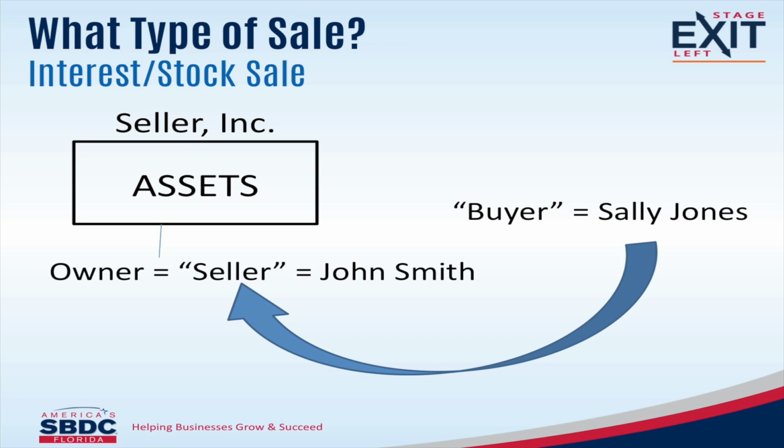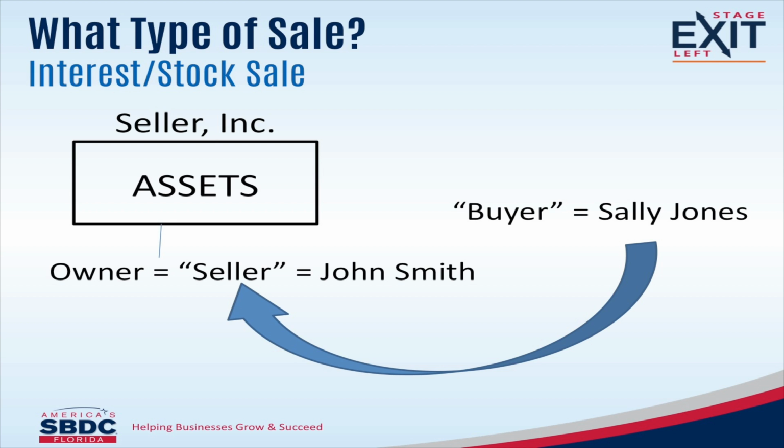So the other type of sale, the interest or stock sale, this is how this happens. Again, we're still with Seller Inc., same corporation, same assets, same business. But now we have another layer, and this layer is underneath. This is the actual shareholder. So you see underneath it says owner. And then it has John Smith. Well, John Smith individually owns Seller Inc. He's the shareholder.